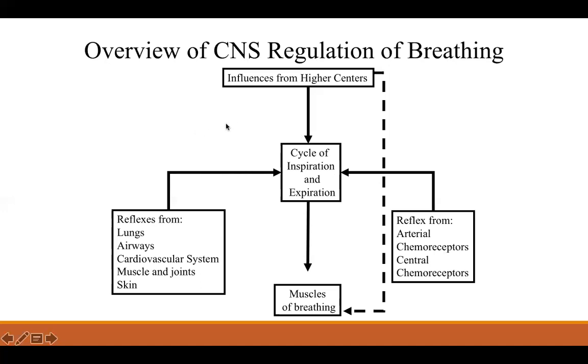Fear, anxiety, and things of that sort are emotional, and the emotional center happens to be part of the hypothalamus. So the hypothalamus can send signals to the medullary centers.